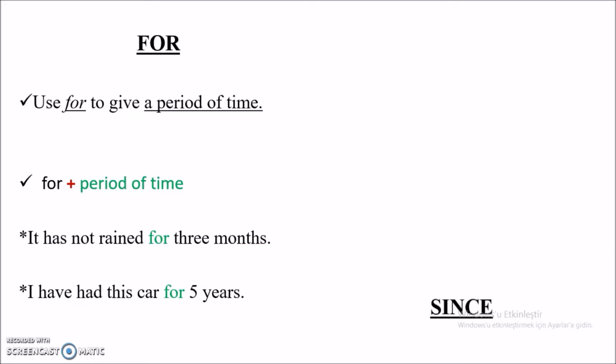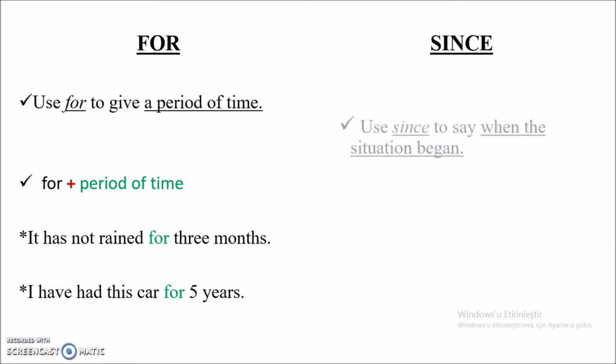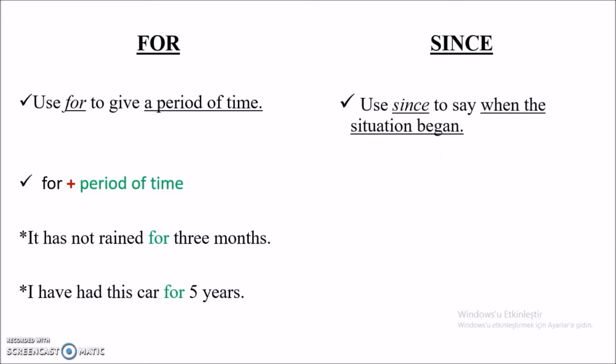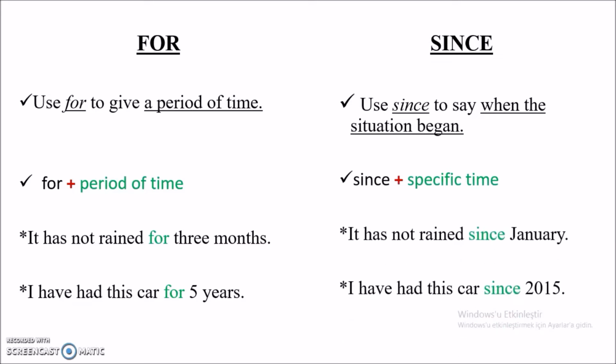Okay? Since is used to say when the situation begins. So we are giving the beginning point of an action. It means that after since, we have to use a specific time. We would say it hasn't rained since January. So the situation of not raining started in January.